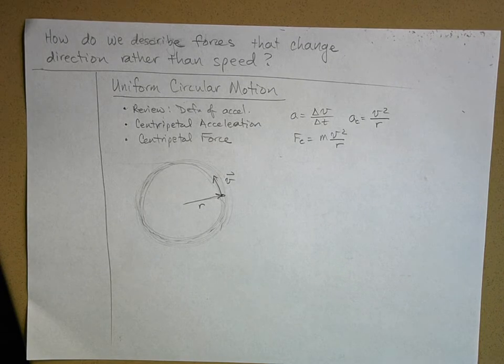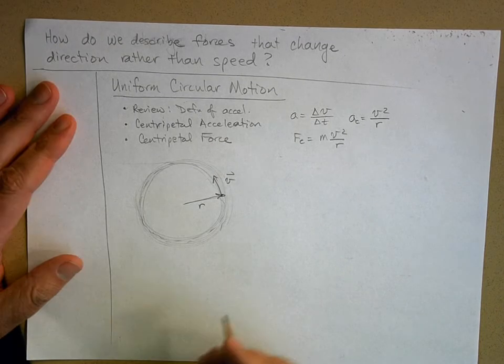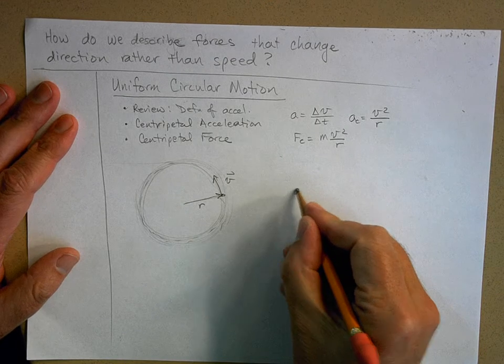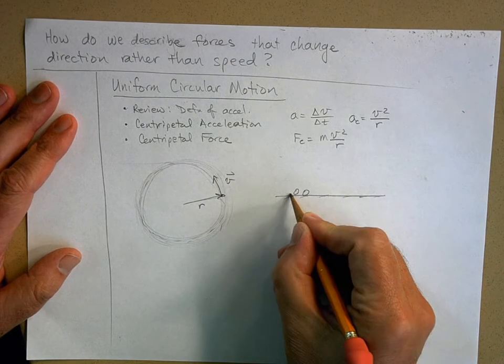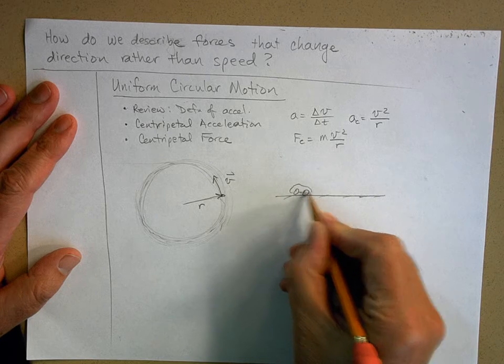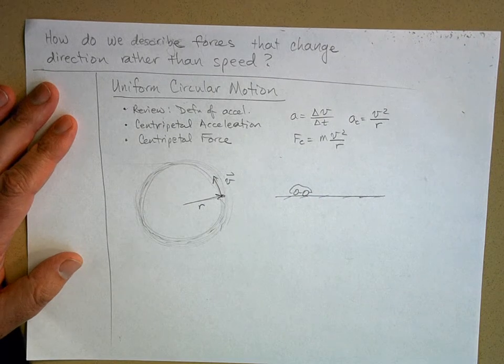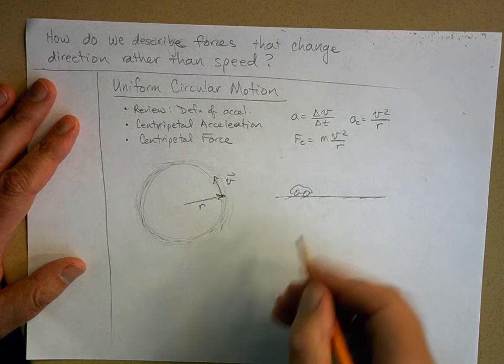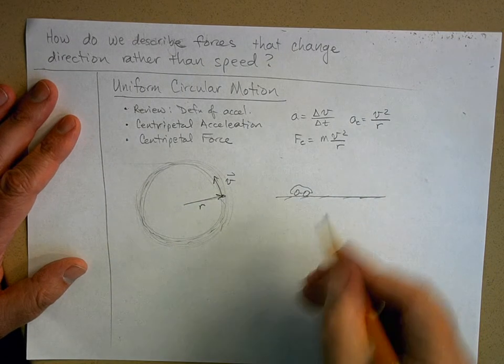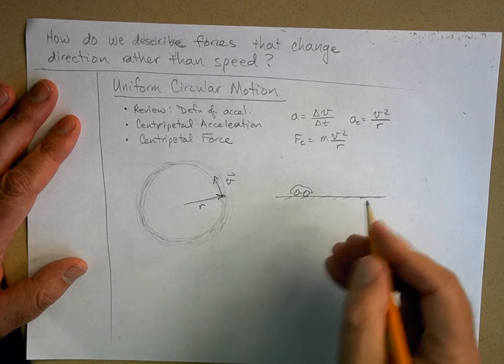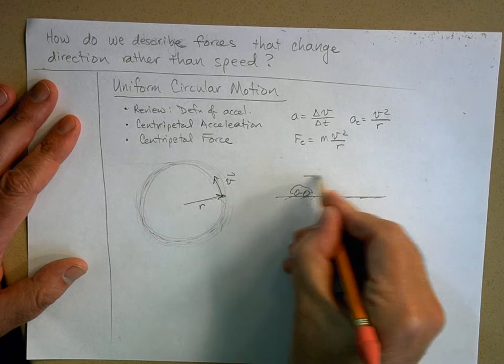Now let's think about what we mean by acceleration. If you're sitting in a car, there's the ground, here's the new Roadster 2, and you want to accelerate this way.